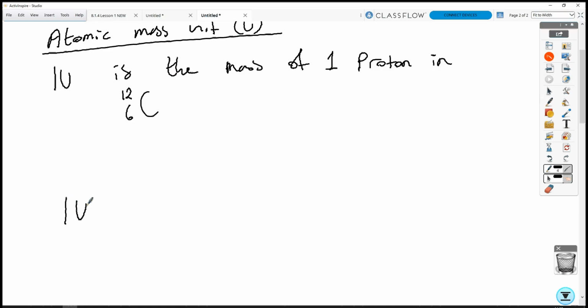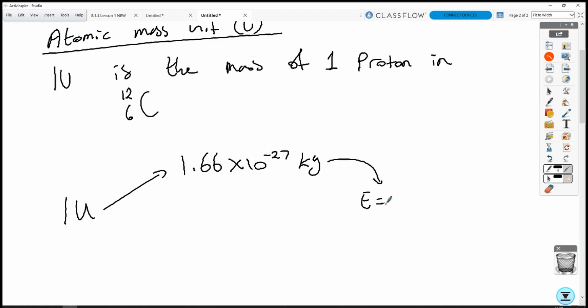So 1 U is 1.66 times 10 to the minus 27 kilograms. If we use E equals mc squared on this number, we can convert from a mass into energy.